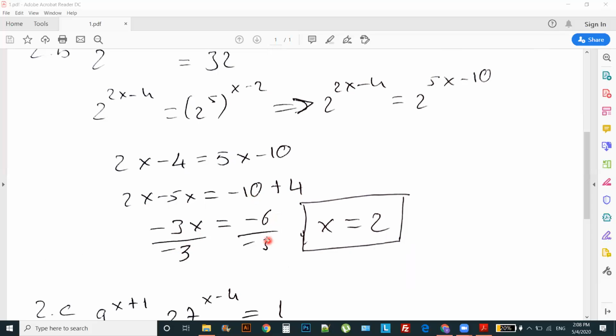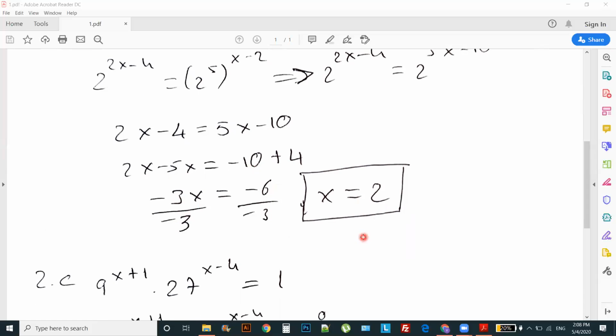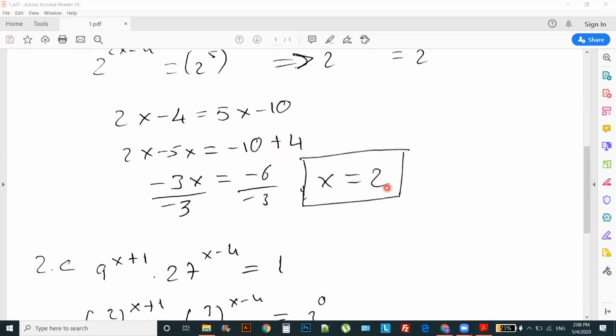Divide both sides by negative 3, x is going to be 2. Do not make a mistake here. Negative divided by negative is going to be positive. That's why negative 3x divided by negative 3 is x. Negative 6 divided by negative 3, again, negative divided by negative will be positive. That's why your answer is going to be 2.